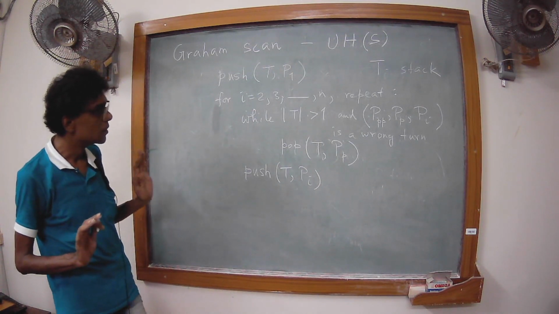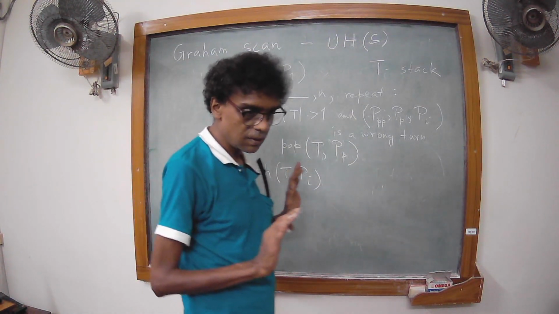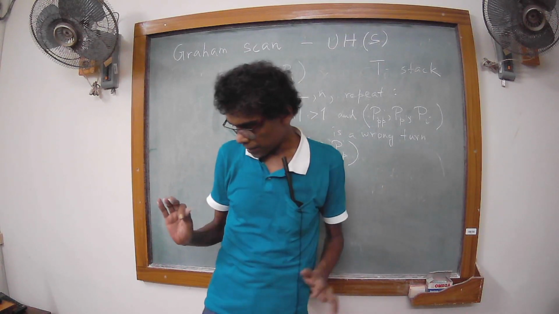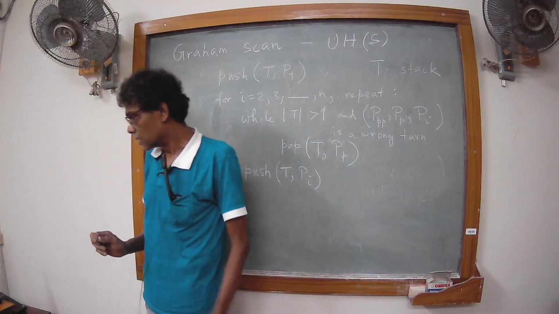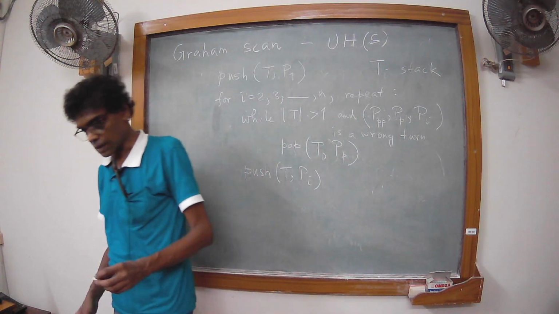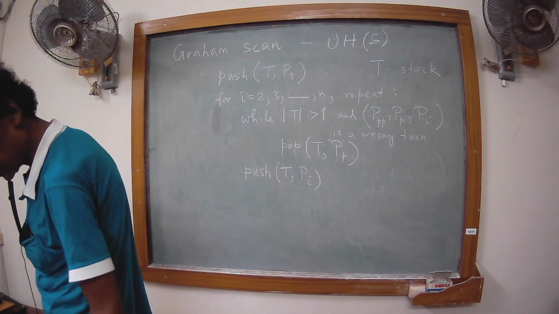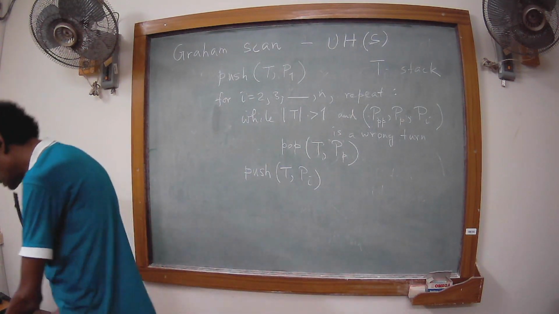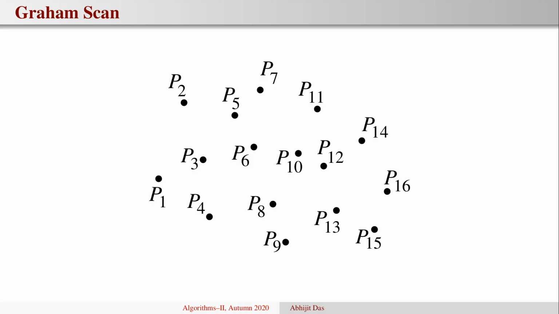Okay. So I will come to the running time of this. Again, I will show you a better picture with the hope that it will make the exposition clearer. So I go here, Graham scan. Okay. Yes.